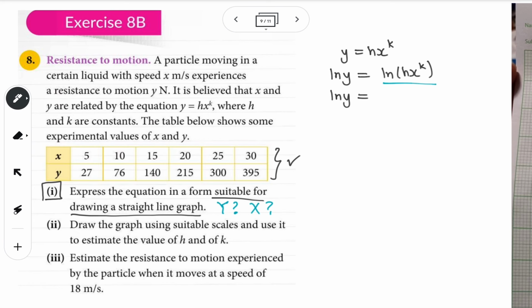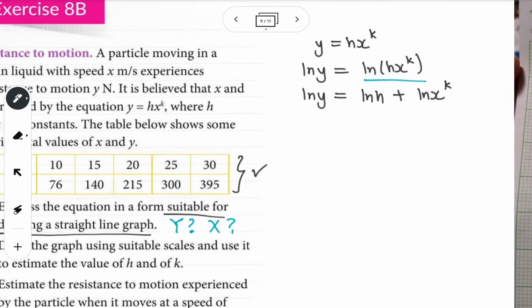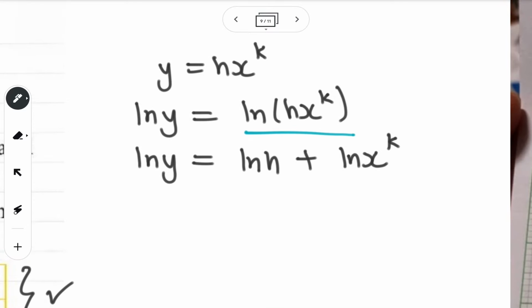Using product law, I will have ln h plus ln x to the power k. But from here I can use power law, I bring down the k.